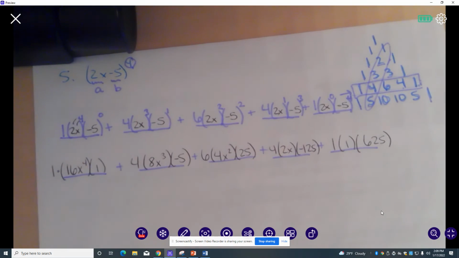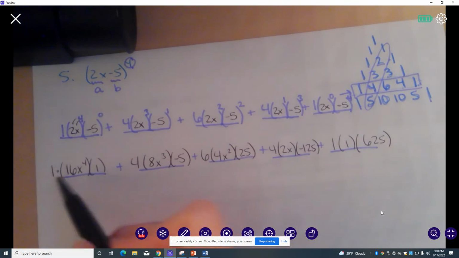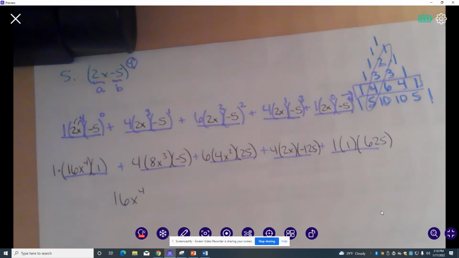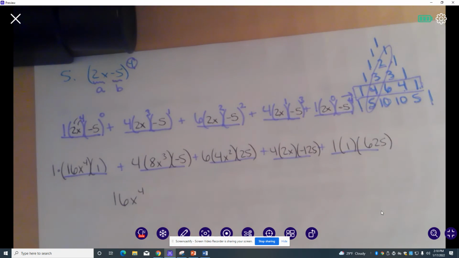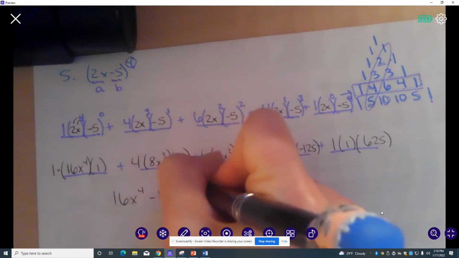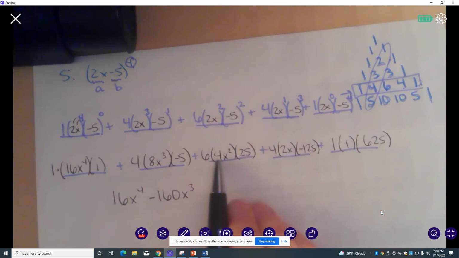Okay. So now I just need to multiply things to simplify. Okay, so 1 times 16x to the fourth times 1 is 16x to the fourth power. I'm going to multiply these coefficients. So 4 times 8 times negative 5 is negative 160. Multiply these numbers.